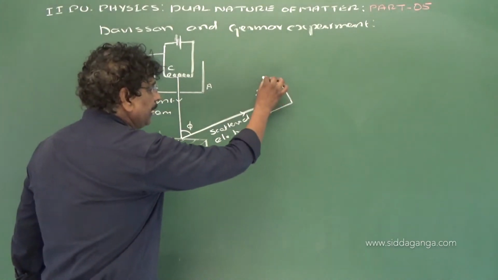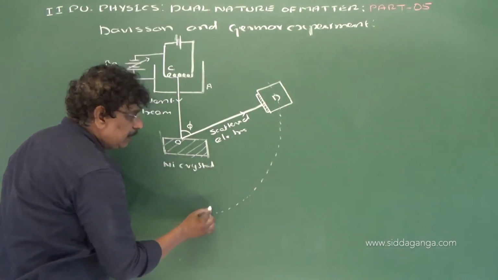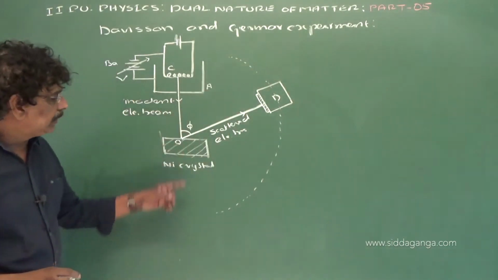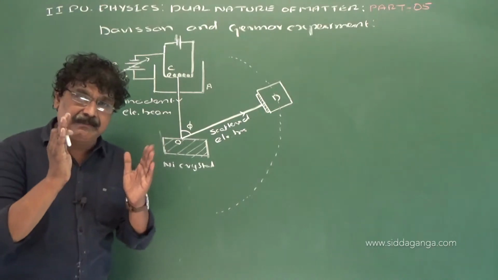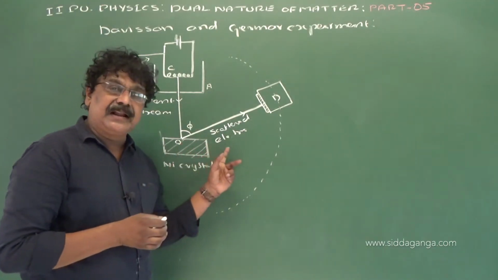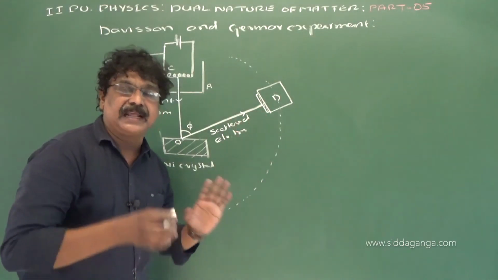The detector can be arranged to rotate about the point of incidence, so that we can measure the intensity of scattered electrons at different angles.